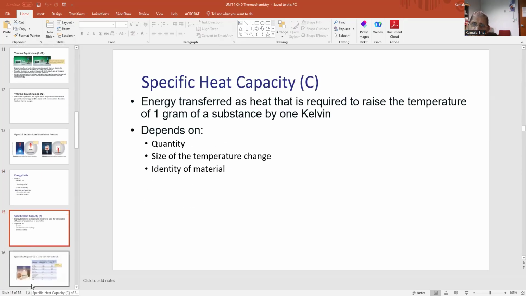Now, specific heat capacity. We know that the amount of heat absorbed or evolved by any substance is directly proportional to the mass of the material, the specific heat of the material, and the temperature change.